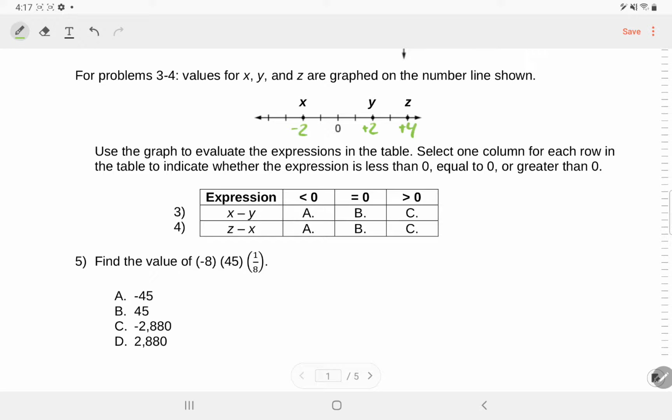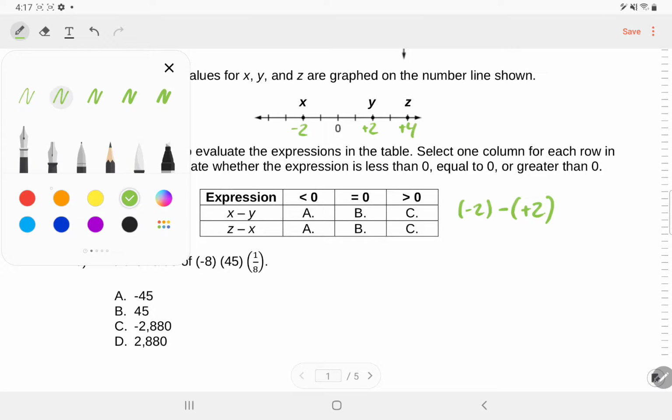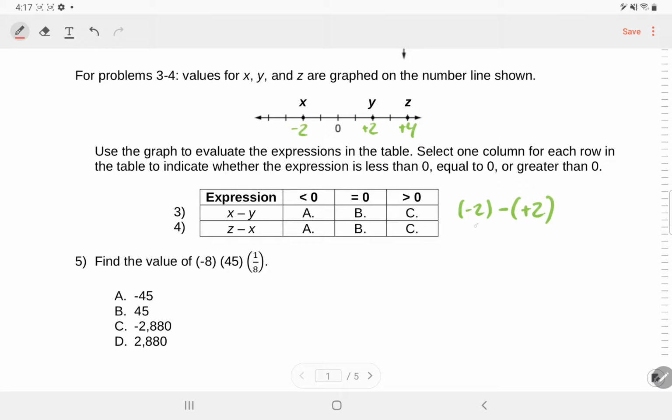For our first problem, we have x minus y. x is -2 minus y, which is +2. And for number 4, our problem is z, which is +4, minus x, which is -2.